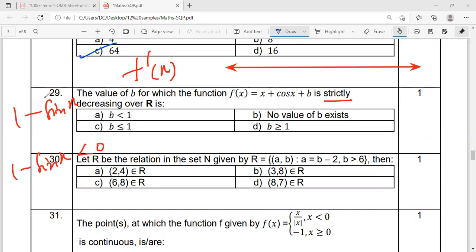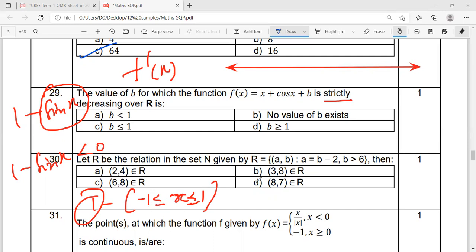Is it possible for strictly decreasing? I think the value of sine x is between -1 and +1. So if you subtract from 1 a number which is between -1 and 1, you will always get a positive number.